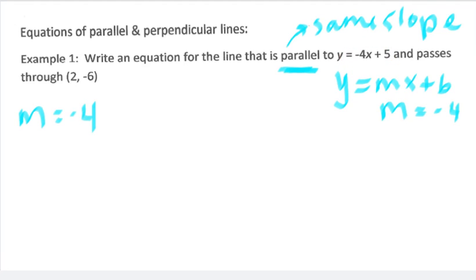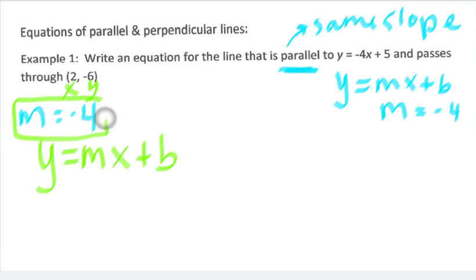Now, the only thing that's different with our new line is it's going to pass through this point. So this point is going to be our x and our y when we're finding our y-intercept, or the b. So we're going to use the slope and the y-intercept.